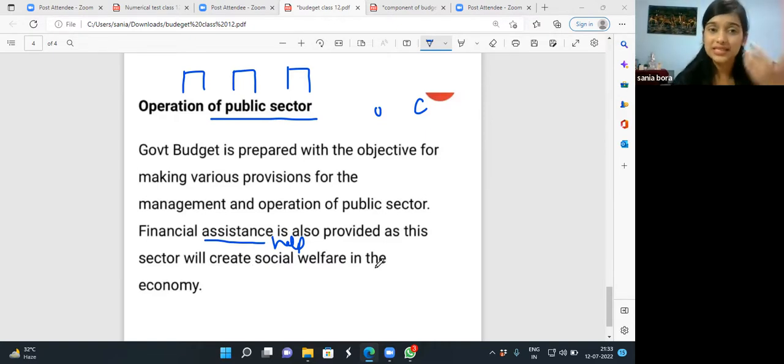So if I provide financial support or financial help, that will help in the management and operation of these sectors, and there will automatically be social welfare. That's why I will prepare my government budget in such a way that I can provide financial assistance to them and the operation and management of the public sector goes smoothly.